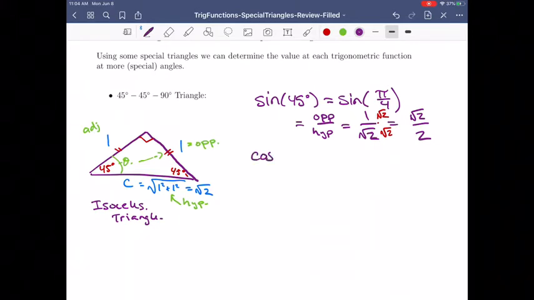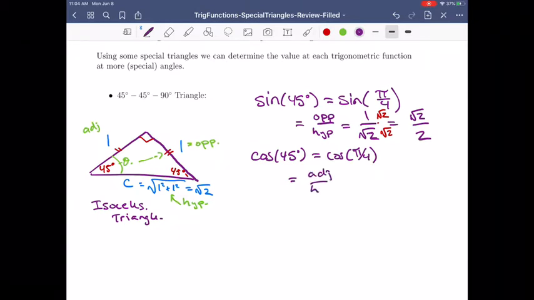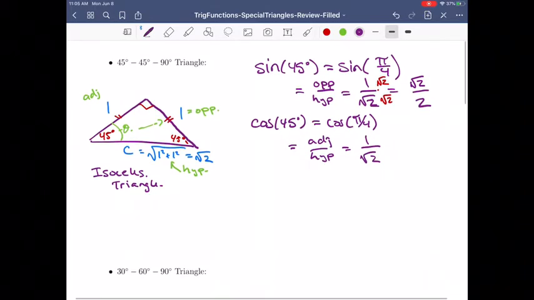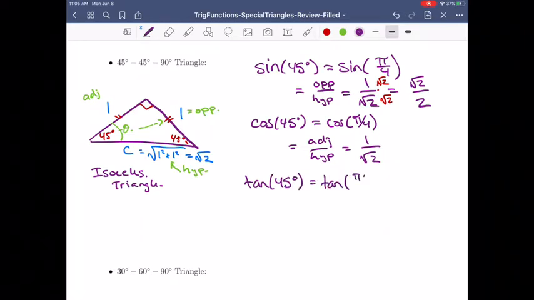Cosine of 45 degrees, or cosine of pi by 4 radians, is the adjacent over the hypotenuse, and the adjacent is also 1. So it's also 1 over root 2. And then the tangent of 45 degrees, or the tangent of pi by 4, is the opposite over the adjacent, which is 1 over 1, so 1.